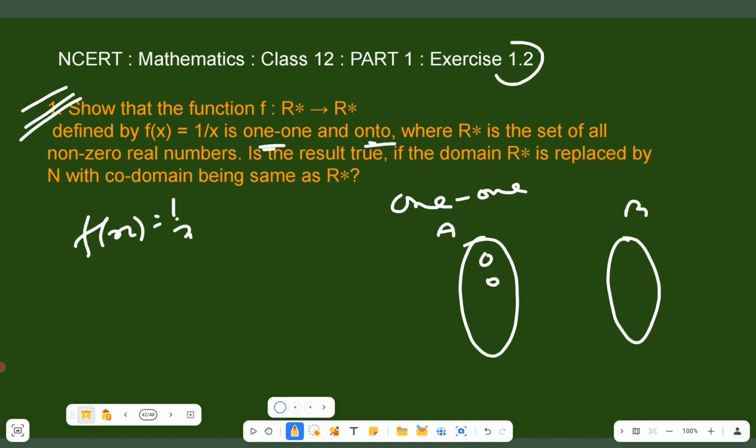If there are 4 elements in one set and 4 or 5 elements in the other, suppose number 1 maps to that, number 2 maps to that, number 3 maps to that, and number 4 maps to that. Here every element has a unique, distinct image. Distinct elements of x have distinct images.